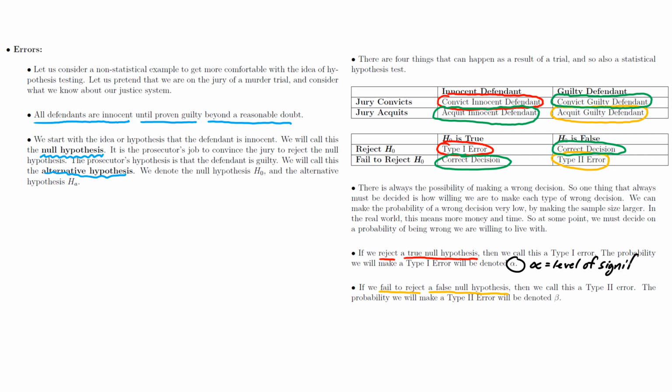So when we talked about level of significance in our examples that introduced hypothesis testing, what we said was it's basically the chances we're willing to live with of rejecting a true null hypothesis. So a way that we could restate that is that the level of significance is the chances of making a type 1 error.